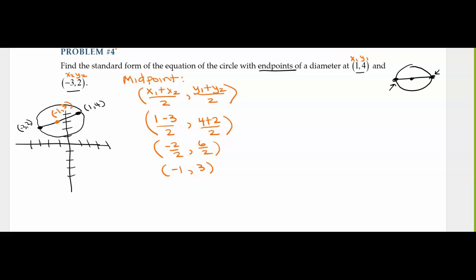Okay, but now we also need to find the radius. We want to know how far it is from the center to the outside edge. Well, I already found that center point, so I know what that point is, at negative 1, 3, and it doesn't matter which endpoint I use with it, because the different radii found in the circle are always going to be the same.